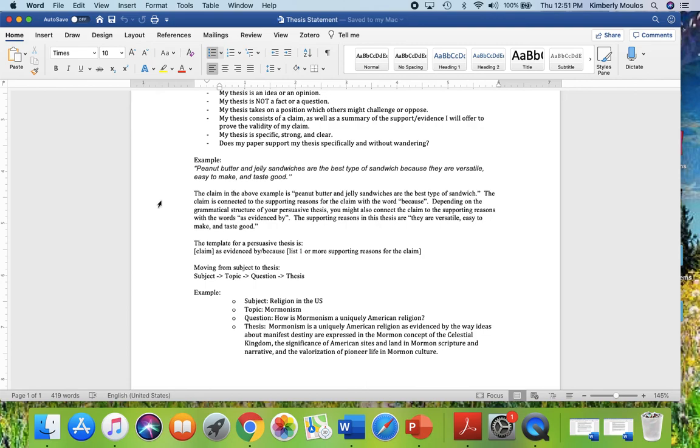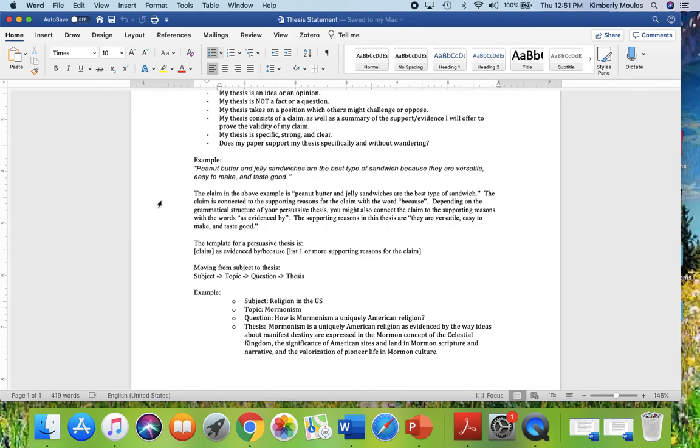And then the claim is connected to the supporting reasons for the claim with the word because. Depending on the grammatical structure of your persuasive thesis, you might also connect the claim to the supporting reasons with the words as evidenced by. It depends on the grammatical structure and the type of topic that you're writing about.